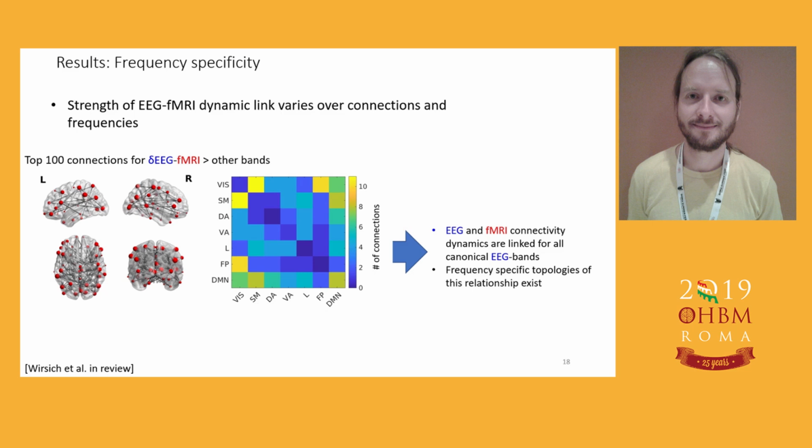What I'm showing here is that for the delta band, as compared to the other frequency bands, the dynamics seem to be dominant in the somatomotor visual connections. So this study showed that EEG and fMRI connectivity show the same dynamics, but when we look a little bit deeper into this relationship, we can derive frequency-specific topographies of this relationship.